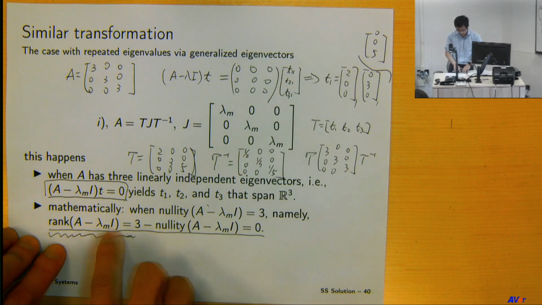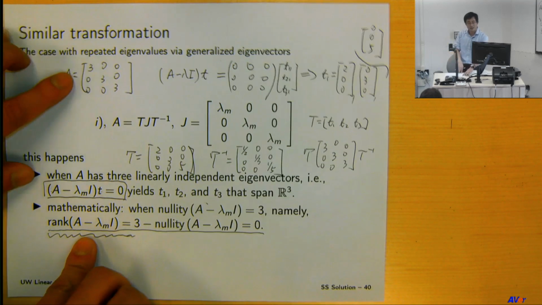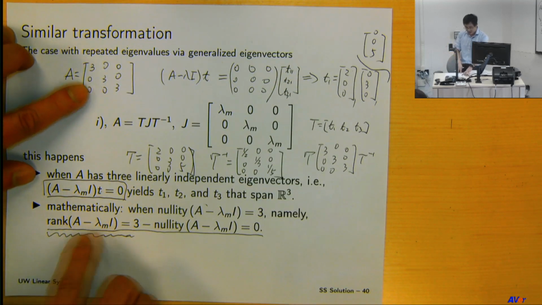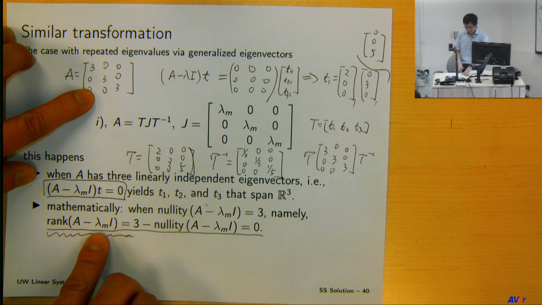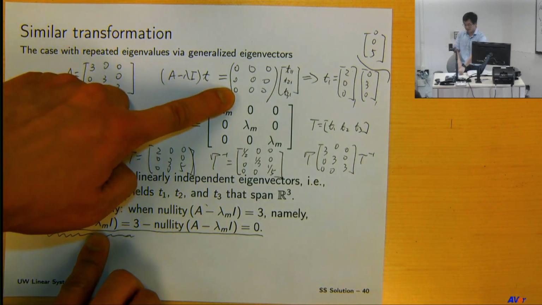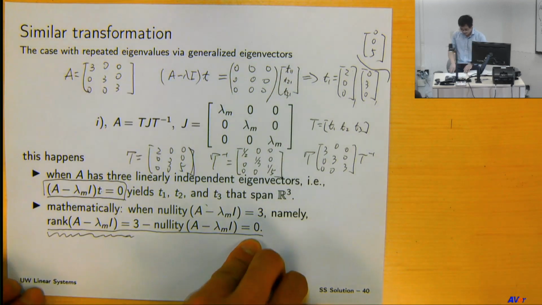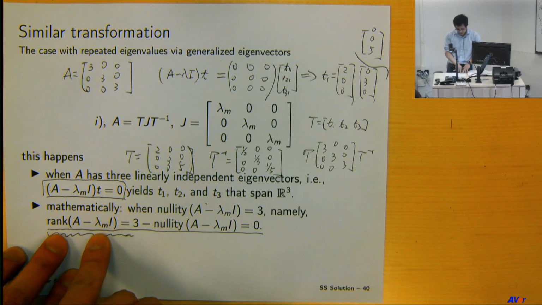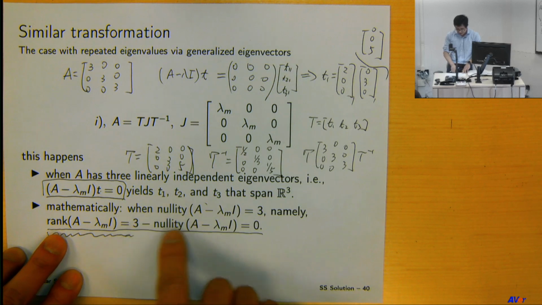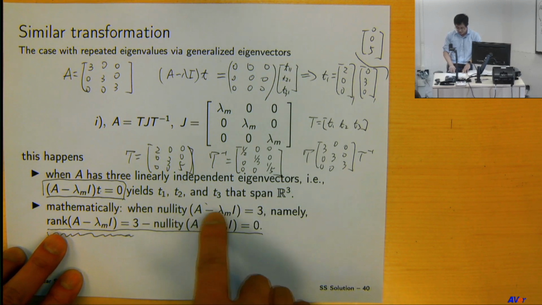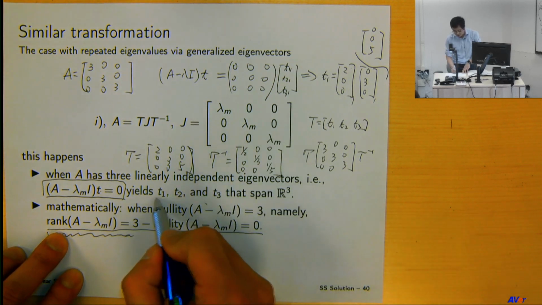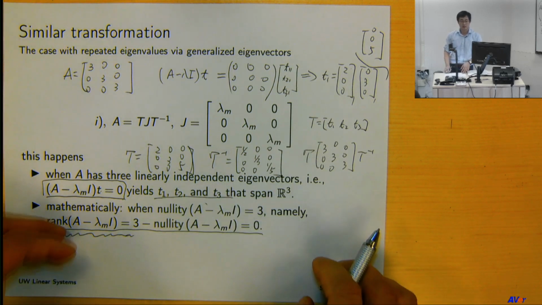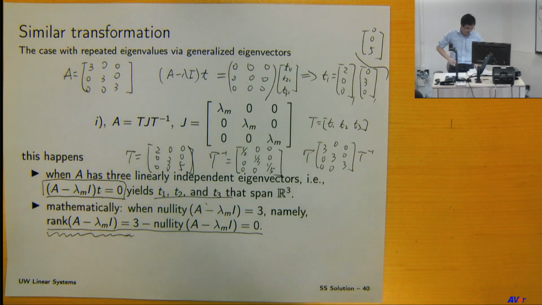So that's one approach. You can see in this example, what is the rank of A minus lambda I? It's this one right here, so it's 0. In practice, you can do this first, and then see the dimension of the null space of A minus lambda I. You will be able to know how many linearly independent eigenvectors you can get.